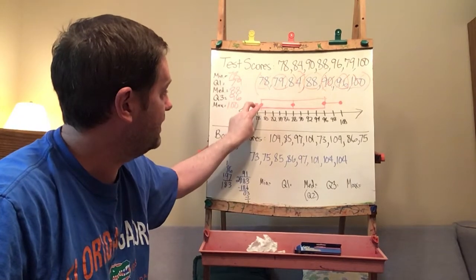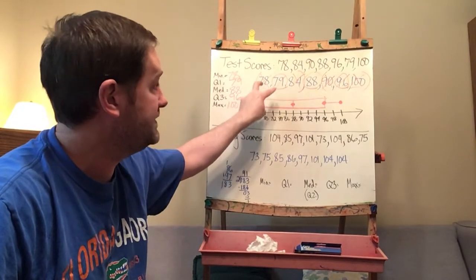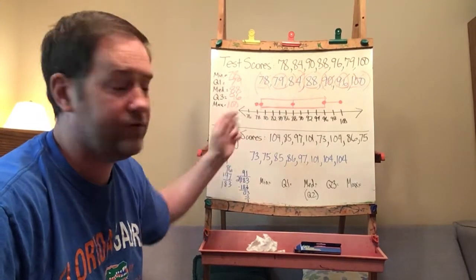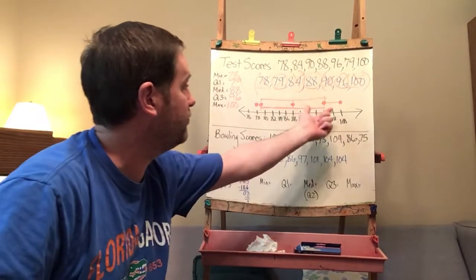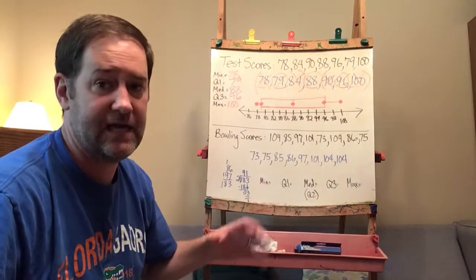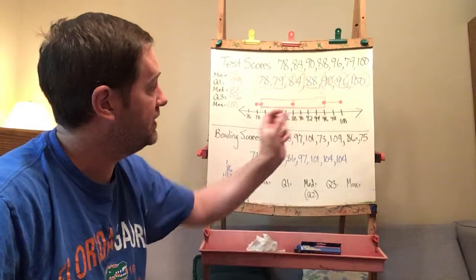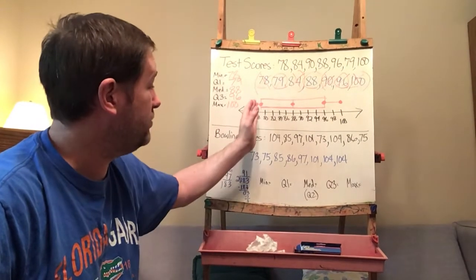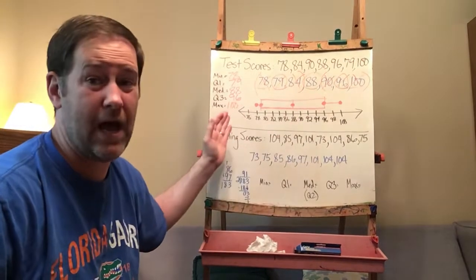Look at the spread here. A lot of this data on the low end, 78, 79, so close together, they are not spread out at all. They're so close. Whereas the whisker on the right end, from that 96 to 100, that other 25% of the data is, of course, a little more spread out than the low end. So you can kind of see what we're looking at. Notice there's a huge box, wide box.